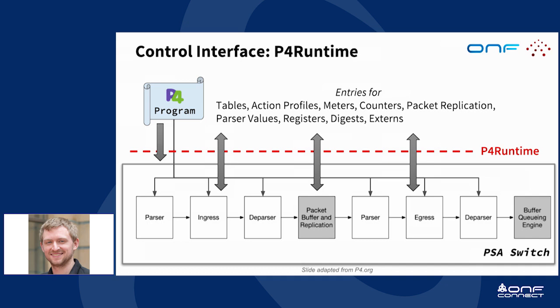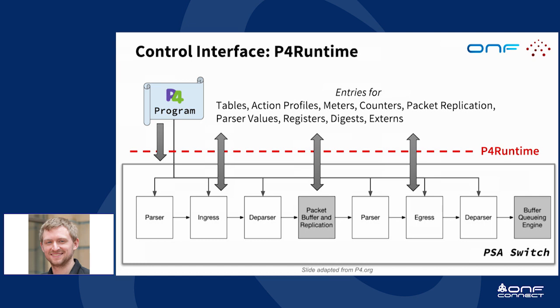It'll also handle action profiles if you have certain failover behavior, ECMP or WCMP behavior. There are meters and counters that are part of the switching ASIC that can be exposed. And in some sense, there are some stateful elements as well, some externs, some registers. We can control some degree of packet replication and queuing through this setup as well.